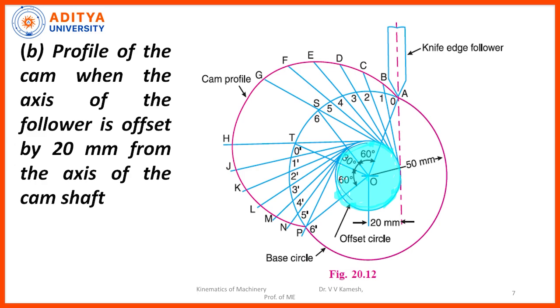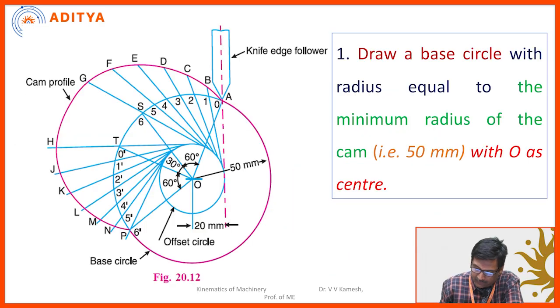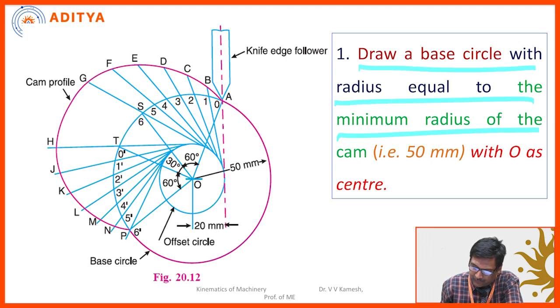Earlier we had direct contact between the cam mounted on the shaft and the follower, because this is a knife edge, directly on the same axis, but here it is not available. So draw a base circle with the radius equal to the minimum radius of the cam, 50 mm, with O as the center.